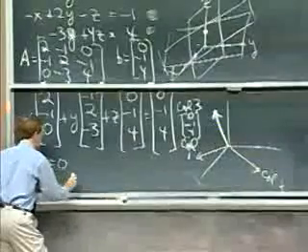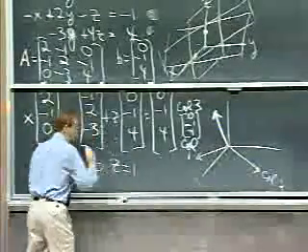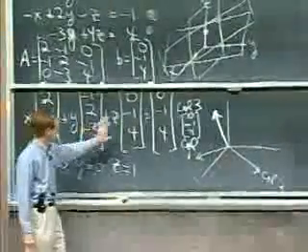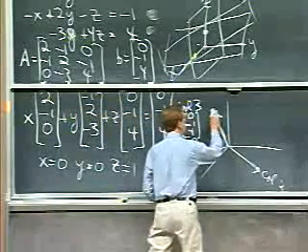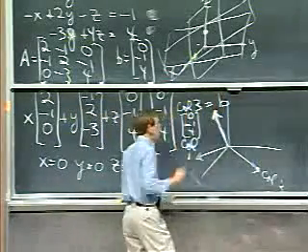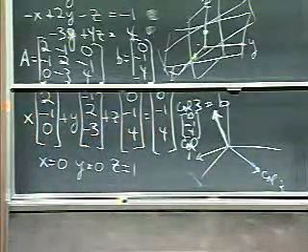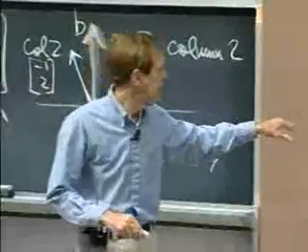So x should be 0, y should be 0, and z should be 1. That's the combination. None of that. One of those is obviously the right one. So this column 3 is actually the same as b in this particular problem. I made it work that way just so we would get an answer, 0, 0, 1.